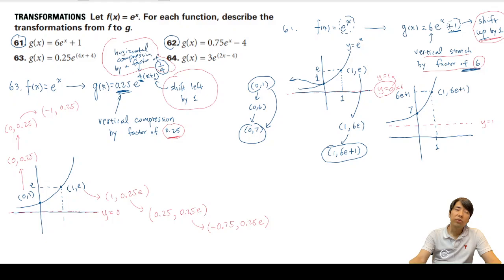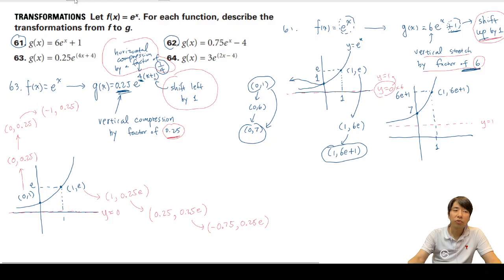When you do the horizontal compression by a factor of 1 over 4, you multiply 1 over 4 to x, but this number, 0, is not x, it's y, okay? So that has nothing to do with this number. And then you're shifting this thing by 1 to the left. If you shift the horizontal asymptote, that is still at y equals 0, it does not change anything, okay? If you shift it to the left by 1, it's still this line itself. So there's no change in the horizontal asymptote.